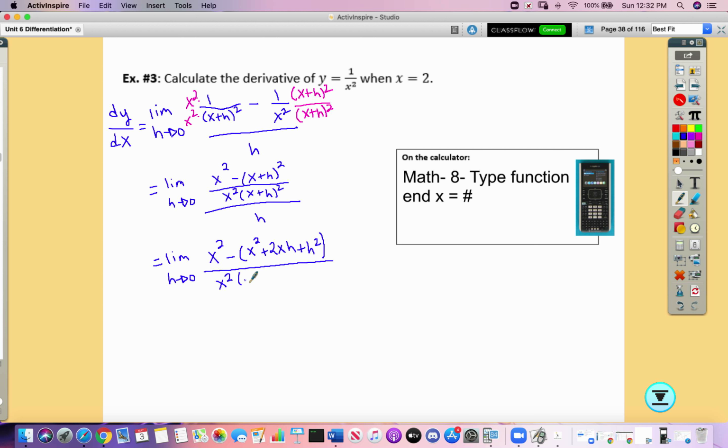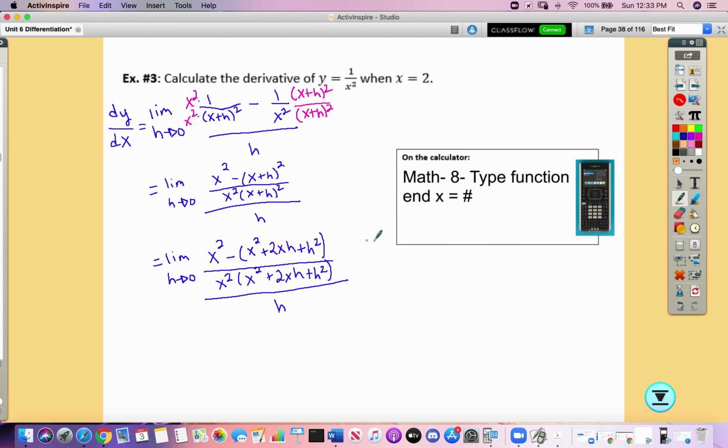X plus h squared is x squared plus 2xh plus h squared. Please don't say that you can just cancel these out. You should know that you cannot just reduce these. This is being subtracted right now. This is being multiplied. This is a factor. This is a term. You cannot cancel out factors and terms, only factors. And don't forget your h. The whole entire thing is being divided by h.